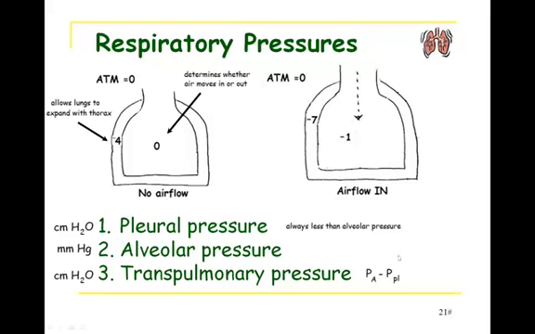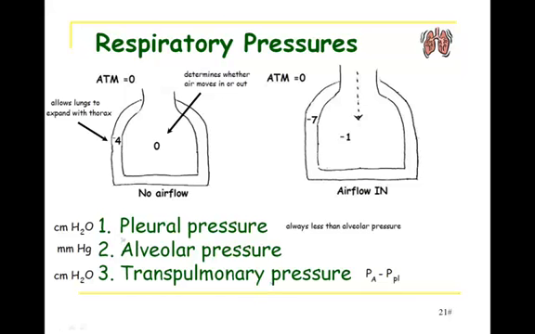It's really the difference in pressure between the alveoli and the pleural pressure. If I wanted to calculate it, you always take alveolar pressure and subtract pleural pressure, and you get the transpulmonary pressure. This pressure will determine how much your lungs inflate. So this is a very important pressure. It determines the degree of inflation of your lungs.